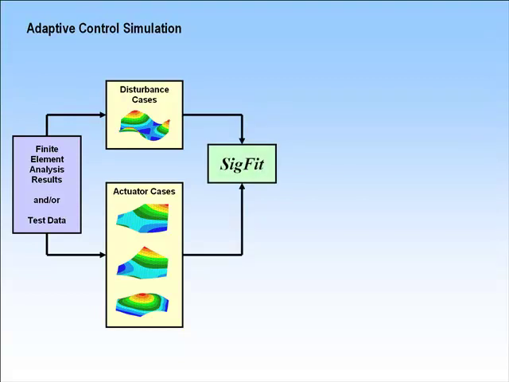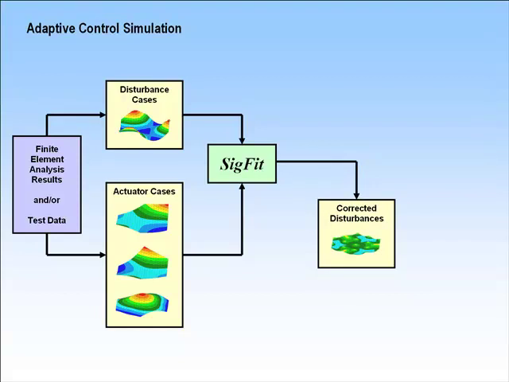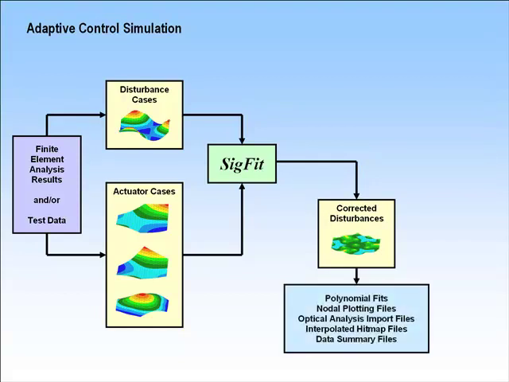Both of these representations may be imported into SigFit to develop predictions of the corrected disturbances. Output may be expressed in polynomial fits, nodal plotting files, files for import into optical analysis tools, maps interpolated to rectangular arrays, or other data summary files.